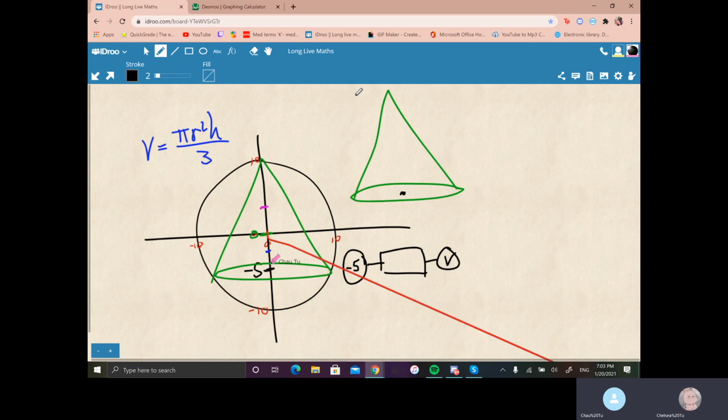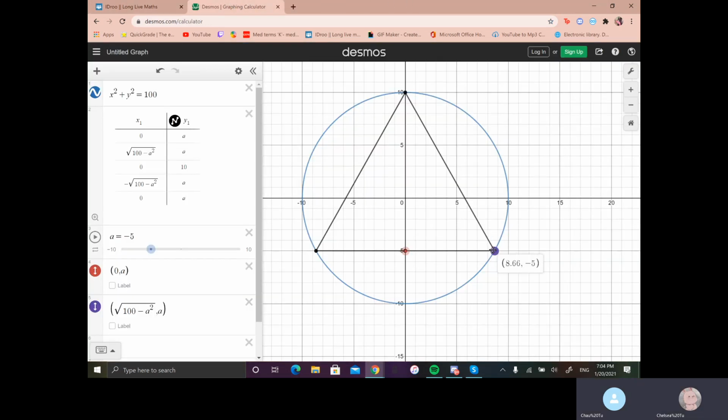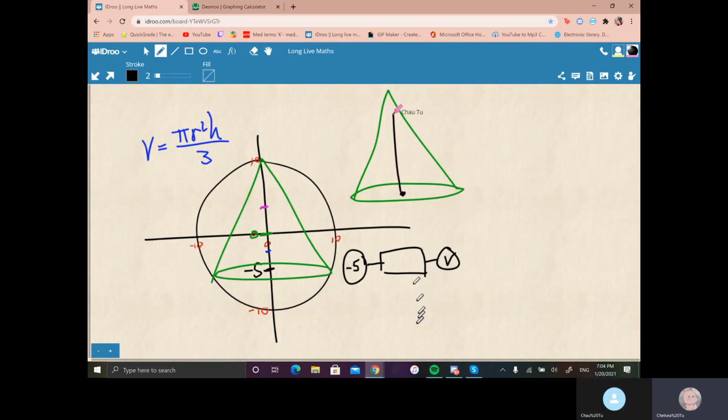What's the height first? What's the height of our cone? Let me think. Negative or 10? Right.